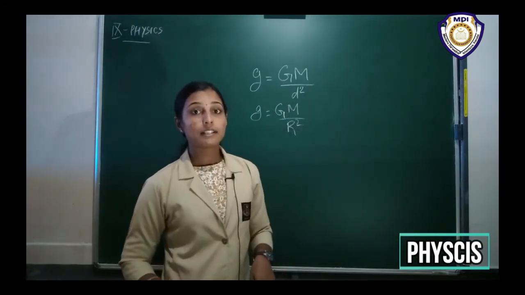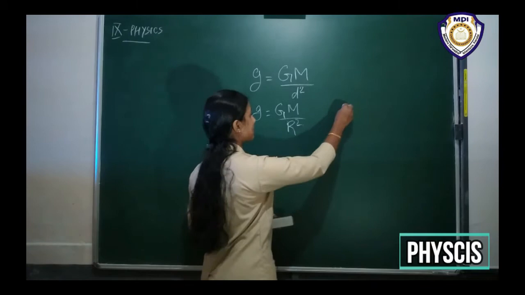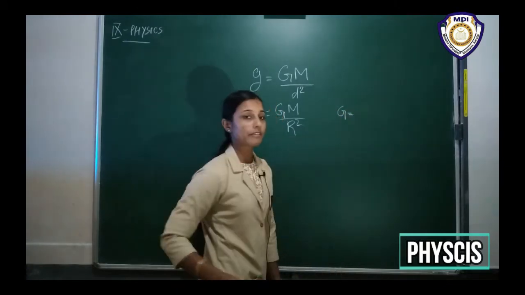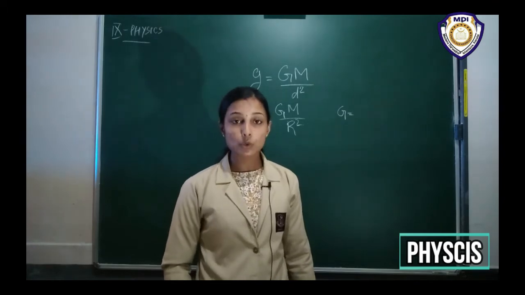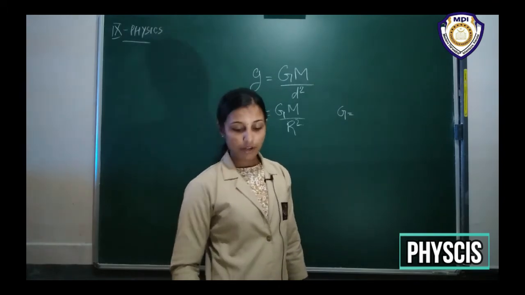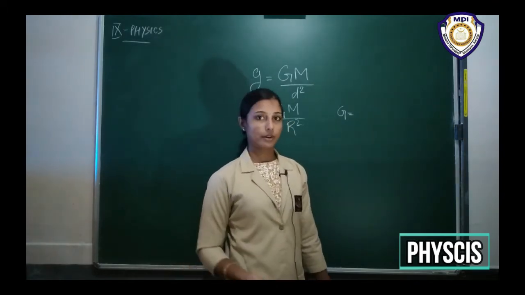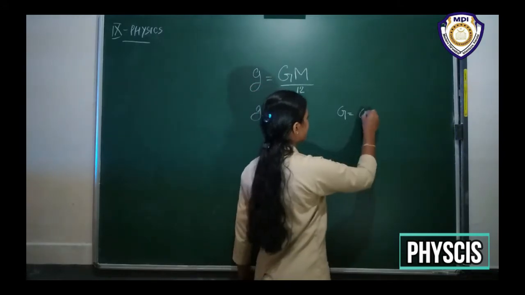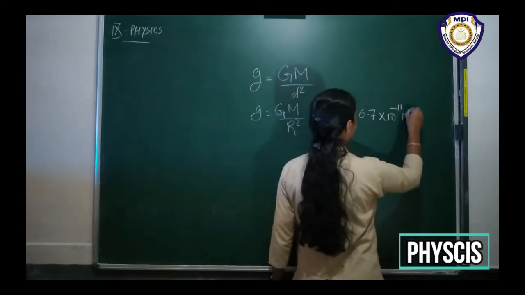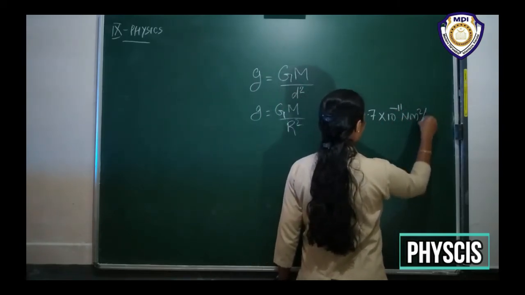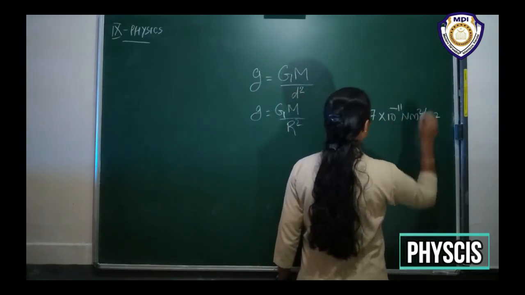So we have capital G is equal to, what is the value of the gravitational constant? 6.7 into 10 raised to minus 11 Newton meter square per kilogram square, right?